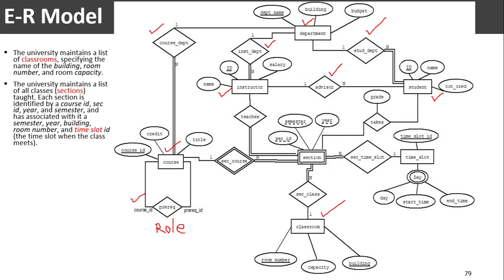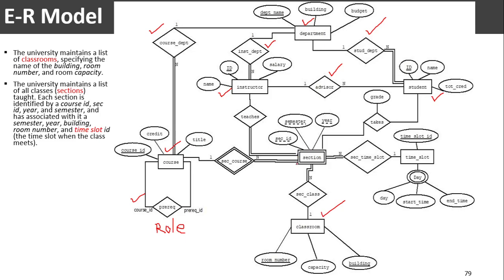Whenever we depict any entity set as a weak entity set, as we have seen while discussing it, this needs a strong entity set. So to identify the weak entity set, we should make use of the primary key of the strong entity set. So by default, course ID would be considered to identify the section of that course.